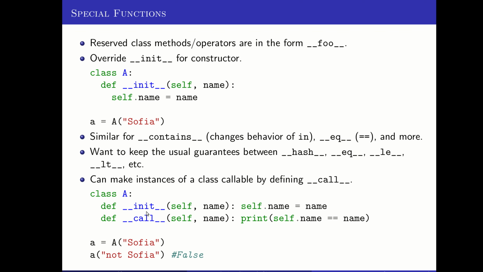And there are many, many of these built-in special functions with the underscores that you can define to do different things, like a string representation, which you'll have to do at some points. That will be underscore underscore REPR, and it's like a toString.